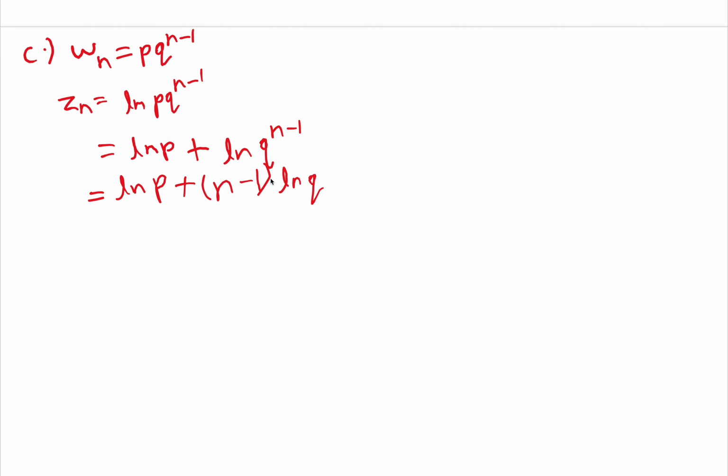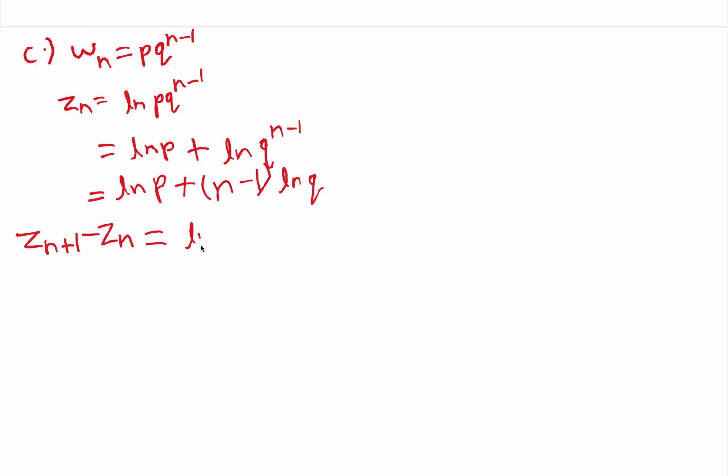In order to verify this, I'm going to do Zn plus 1 and subtract Zn from this. So basically what we're doing is subtracting two consecutive terms of the sequence Zn. And if this subtraction gives us a constant number, that means this is an arithmetic sequence. So let's carry out this.